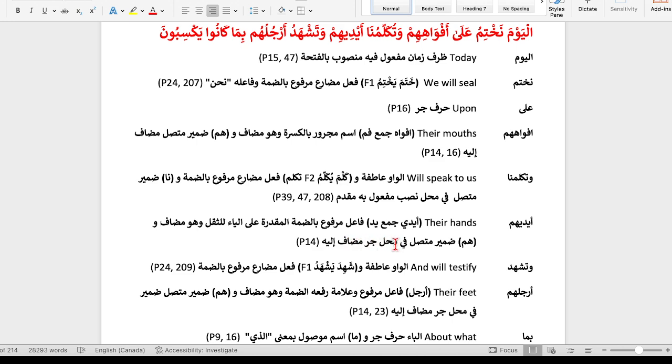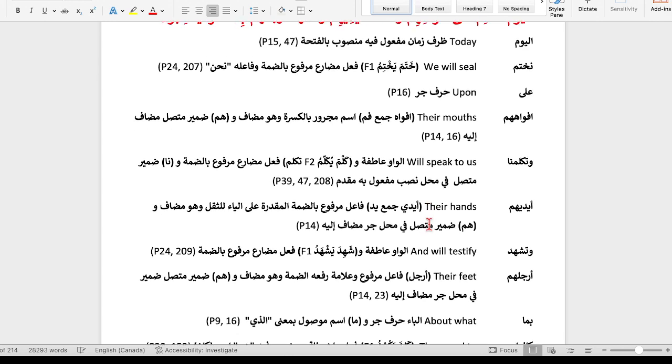That is why we have to say fi mahalli jar, in place of jar, mudaf alayh. So aydi is fa'il plus mudaf, and hum is mudaf alayh. Their hands will speak to us. So wa tukallimuna aydihim, their hands will speak to us.